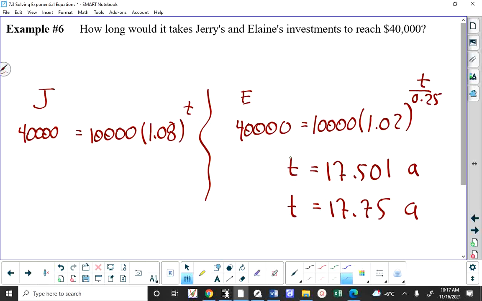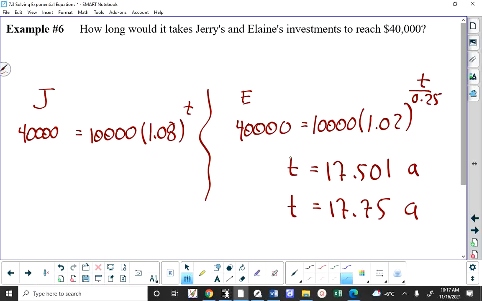Right, and she's getting interest every quarter. So she gets interest at 0.0, 0.25, 0.5, which is the half point, and 0.75. So if we said 17.5, she would not have that $40,000 yet. If we said 17.6, she wouldn't have that $40,000 yet. We have to go to the end of the quarter, which is 17.75.